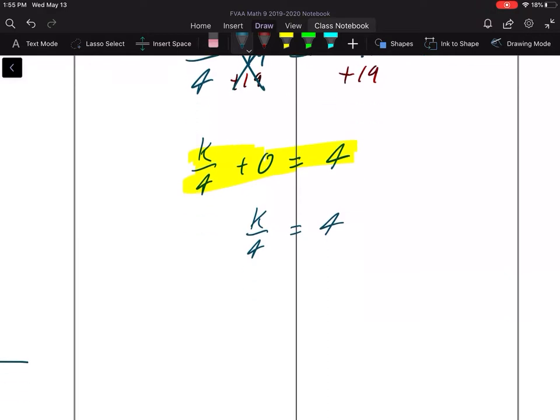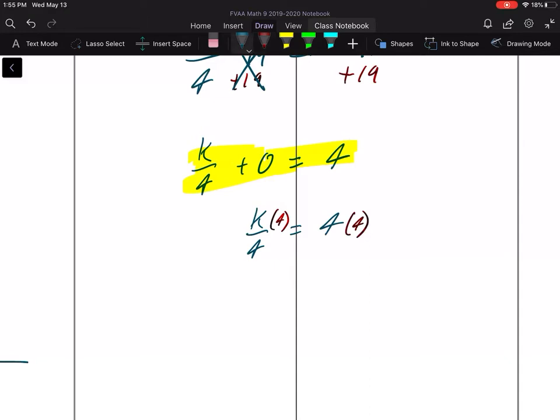Next, here I have k divided by 4. Well, if addition is the opposite of subtraction, and subtraction is the opposite of addition, we say that division is the opposite of multiplication, and therefore multiplication is the opposite of division. And so here, because it's divided by 4, I'm going to multiply by 4 on both sides.